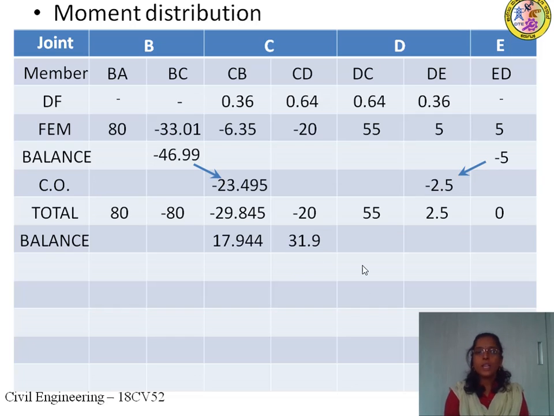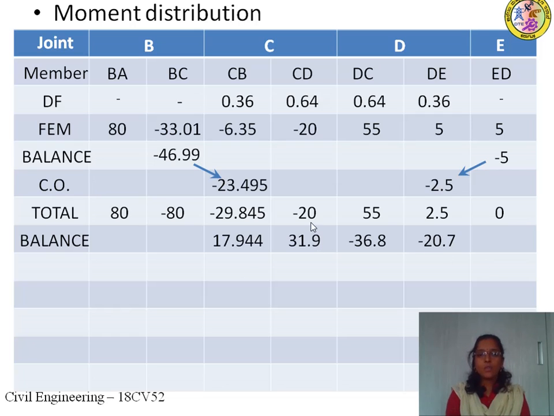Okay, so next let's go to joint D. Joint D is applied with 55 plus 2.5, that is 57.5 kilonewton meter. So to make it a balanced joint we have to apply minus 57.5. So minus 57.5 into 0.64 will be equal to minus 36.8 kilonewton meter, and minus 57.5 into 0.36 will be equal to minus 20.7. Okay, so that is balancing of joints C and D.